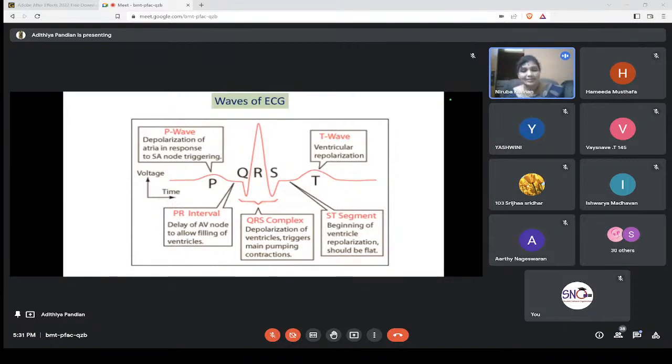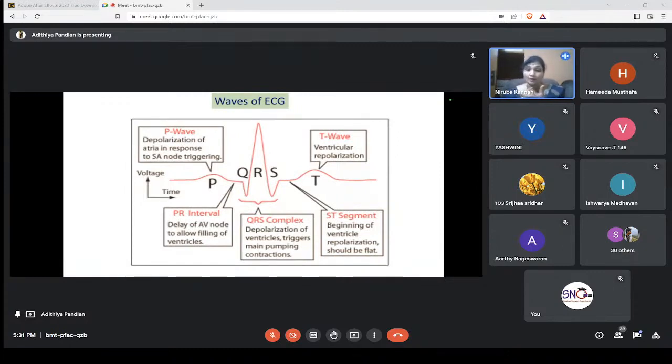Again here you can see the P wave, the depolarization, has a positive wave. Why is ventricular depolarization bringing so many positives and negatives together? Q is negative, R is positive, S is negative. Together we call QRS the ventricular depolarization, and the T wave is the ventricular repolarization. What is the peculiarity you can see in the T wave?